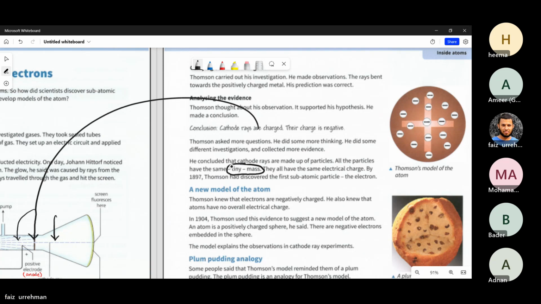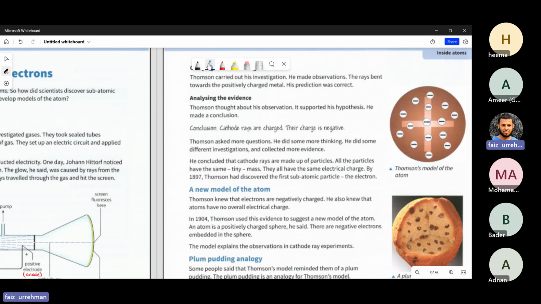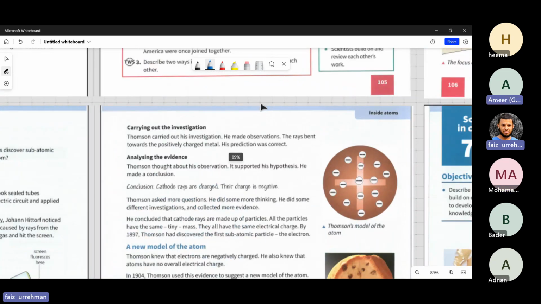So Thomson is regarded as the discoverer of the electron. Joseph John Thomson, J.J. Thomson. I will write it here. In the next lesson we will learn who discovered protons. That is Rutherford. So we need to know Thomson and Rutherford.